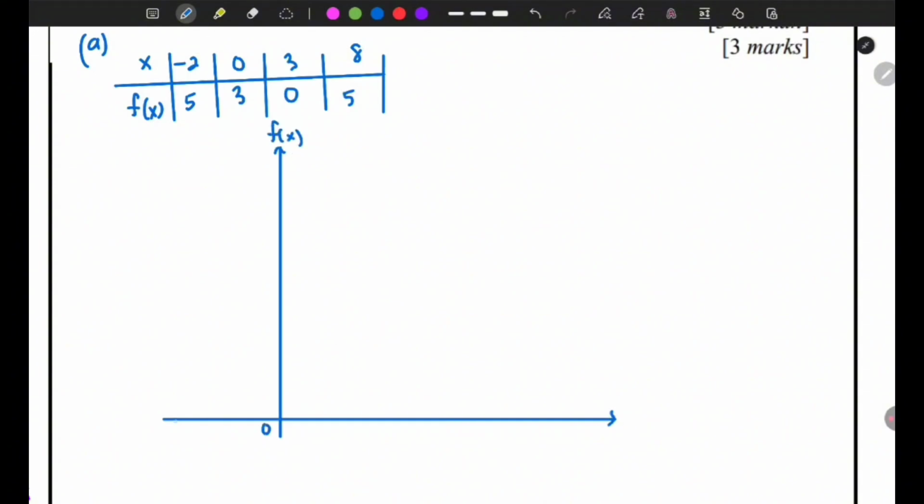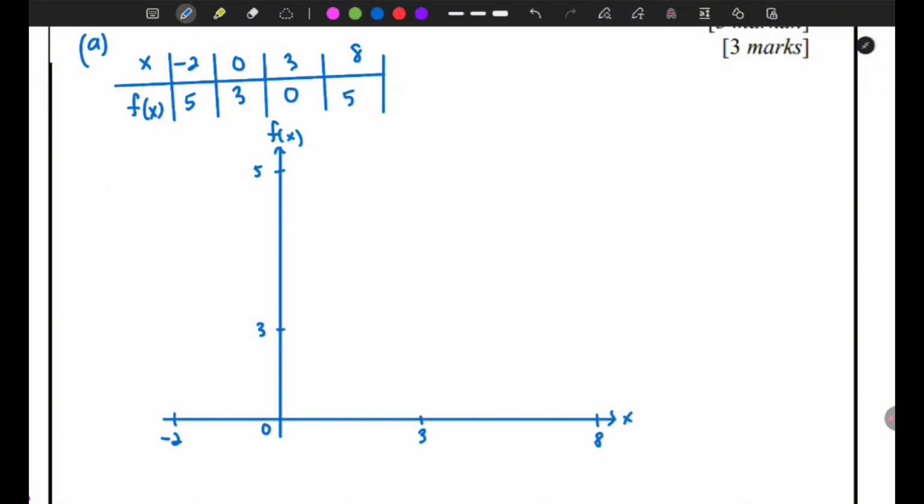So let's sketch the graph. 0. The range of the domain is from negative 2 all the way to 8. And there is 3 somewhere here. And your fx is 3, 5. 3 and 5 maybe above. 0 is 0. Okay. So now let's plot the graph.